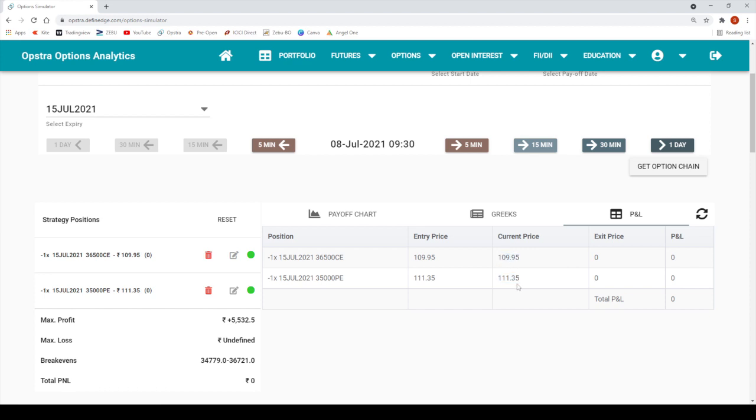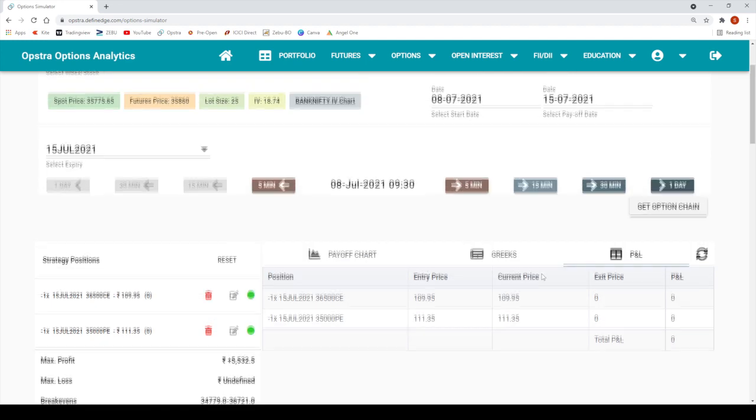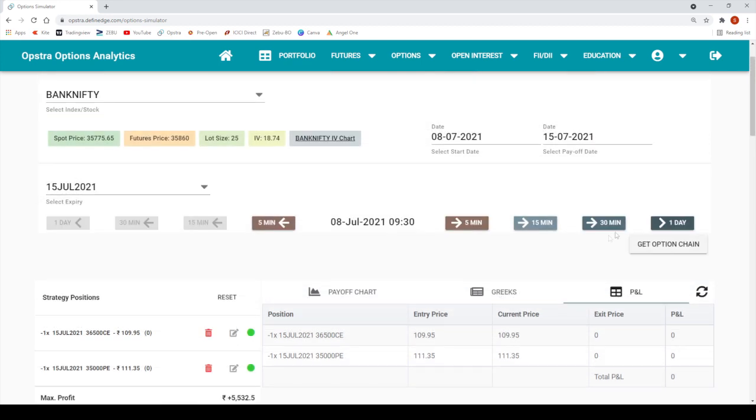Normally in that case, we are going to shift the lower price. For example, if the call price becomes double, then we are going to close the put and shift to wherever the premium is around 70 to 75% of the call's current price. Now we will go forward and check how this trade is going.